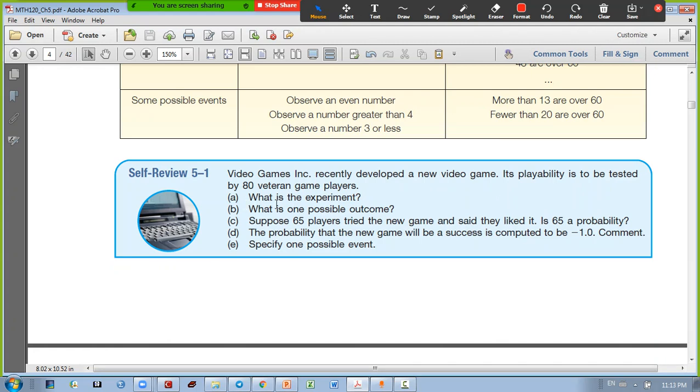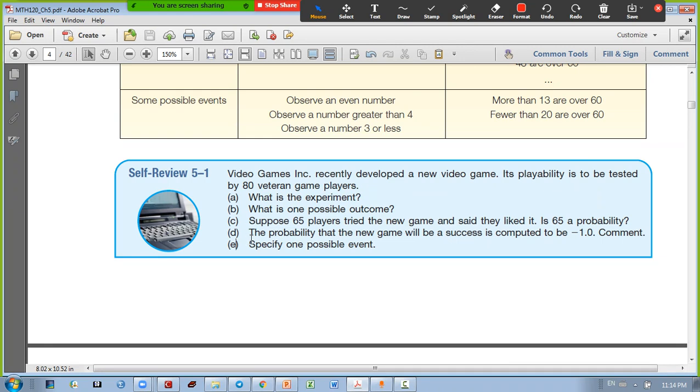Question A, what is an experiment? Question B, what is a possible outcome? Question C, suppose that 65 players tried the new game and said that they liked it. Is 65 a probability, why or why not?